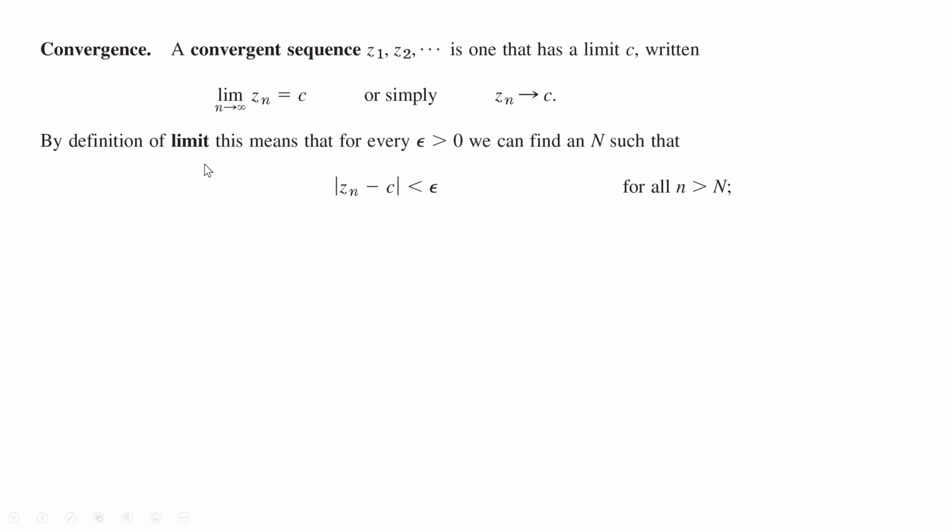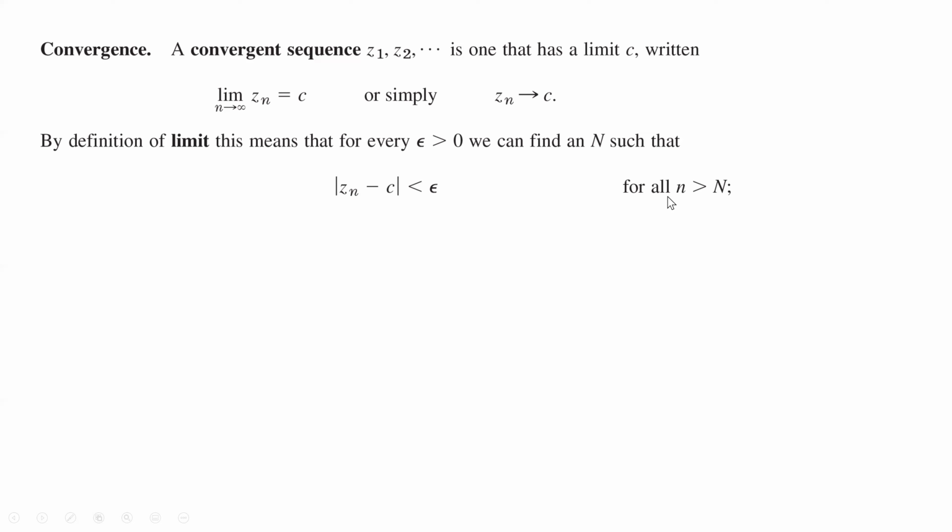So when I say the limit is c, you say how close these can get. I say as close as you want. So you give me a number, say it's 1 billionth. I want these zn to get within 1 billionth unit of c. So you give me an epsilon, which is 1 billionth.